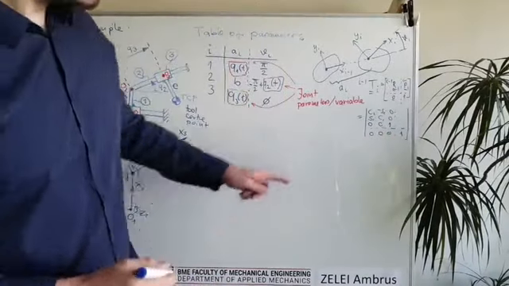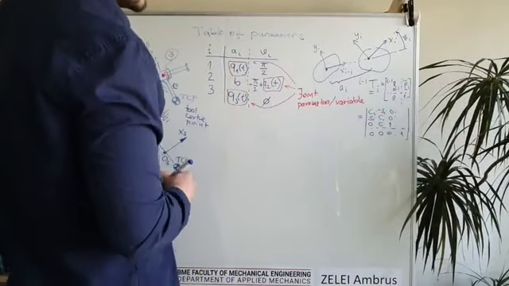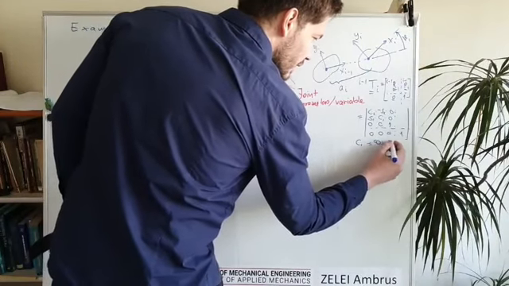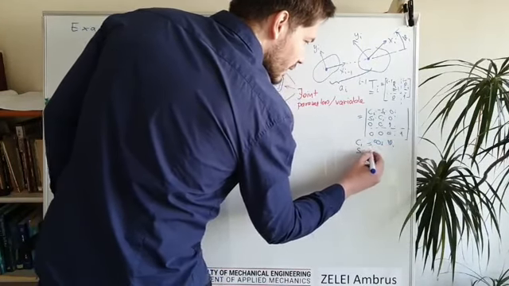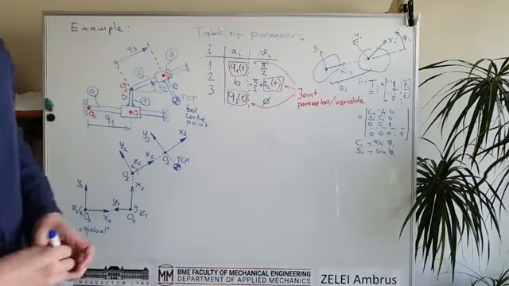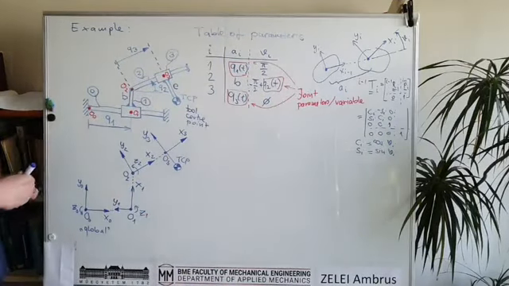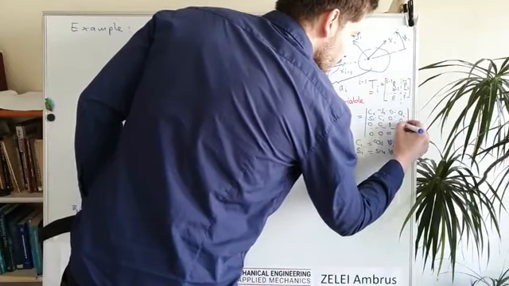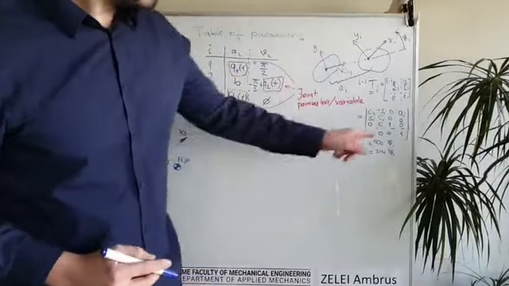Okay, so this was the rotational part, and so Ci means cosine theta i, and Si means sine theta i. So this is what we have, and there is also a translation with parameter ai.